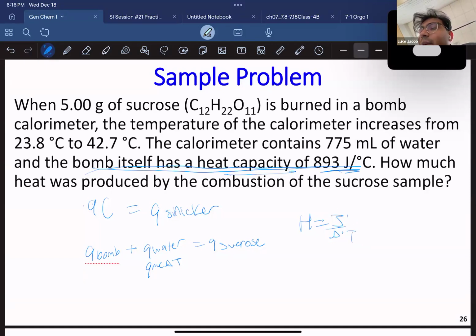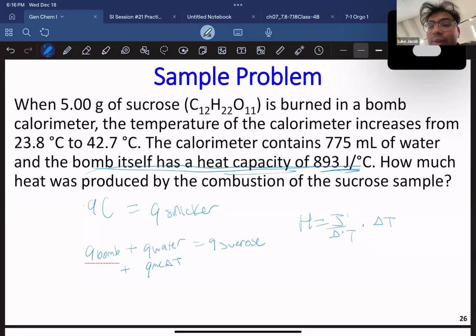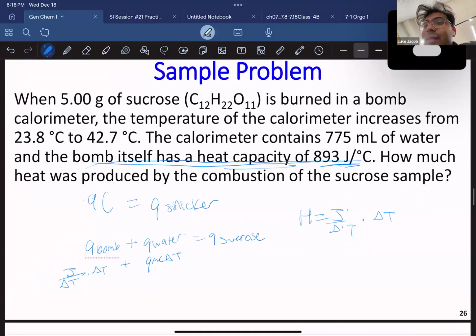Multiplying by delta T would give you joules. So for this one, you do joules over delta T times delta T. All right, let's plug in all the values. The first one is 893 joules per degree Celsius.